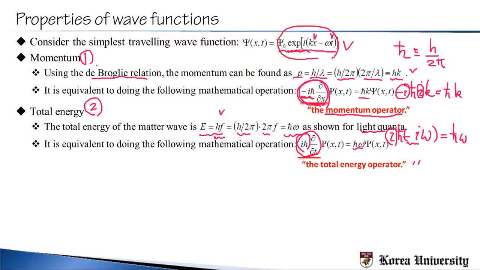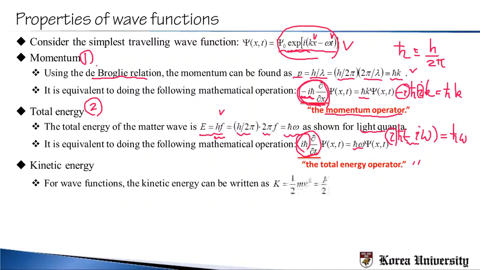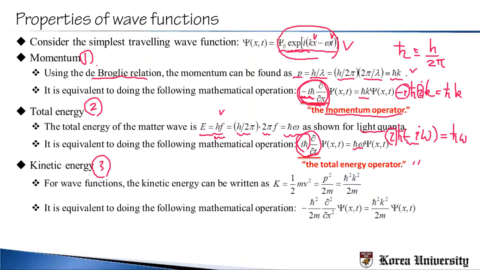Okay. And then the third thing, how about kinetic energy? Both in classical physics and quantum physics, kinetic energy is defined as a half of mass multiplied by the velocity squared. This can also be written as momentum squared divided by 2m.